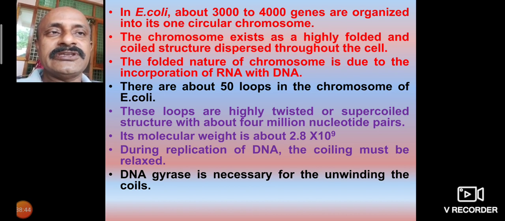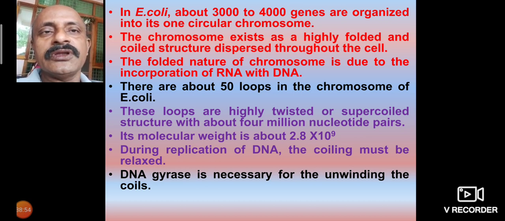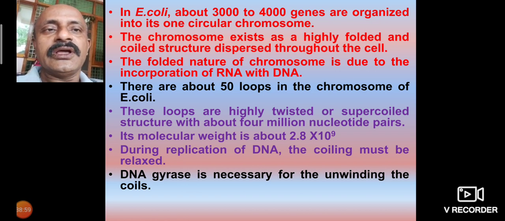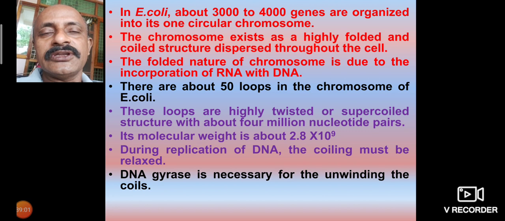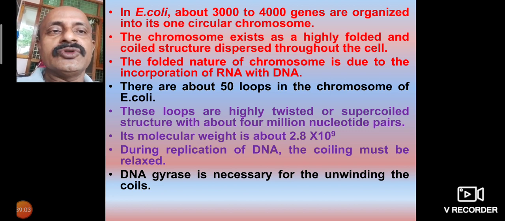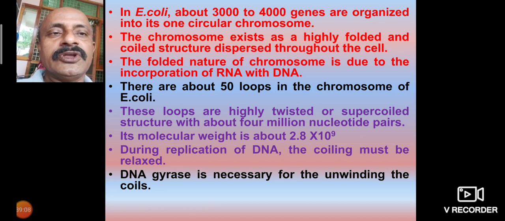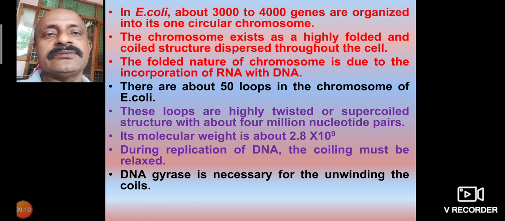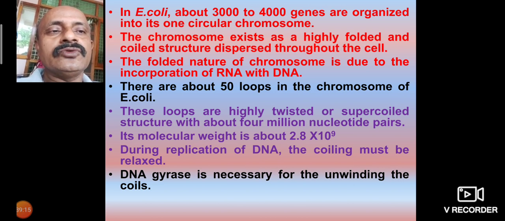The chromosome exists as a highly folded structure dispersed throughout the cell. The folded nature is due to the incorporation of RNA and proteins. There are about 50 loops in the E. coli chromosome. These loops are highly twisted, or supercoiled, with about 4 million nucleotide pairs.